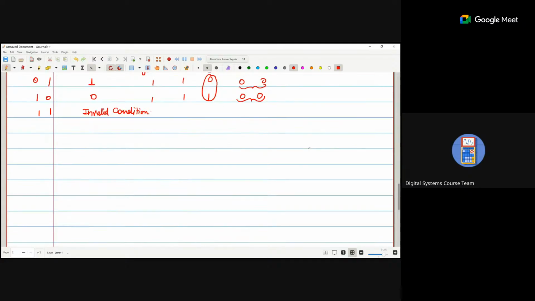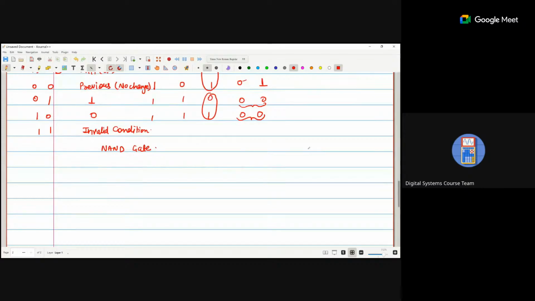Now if you compare the tables, with the NAND gate you are getting A, B, Qn plus 1.